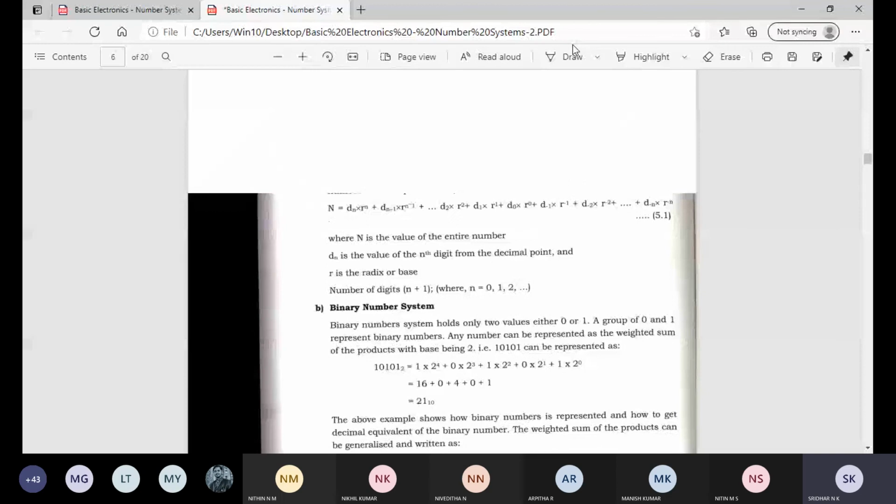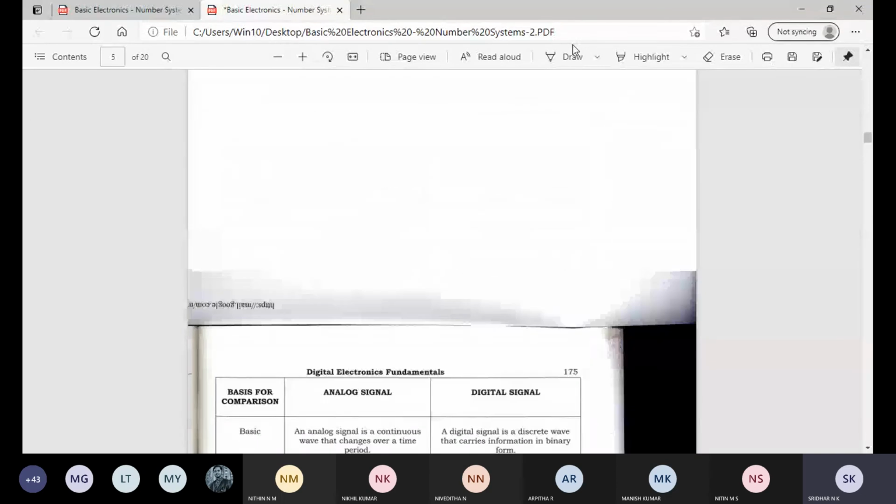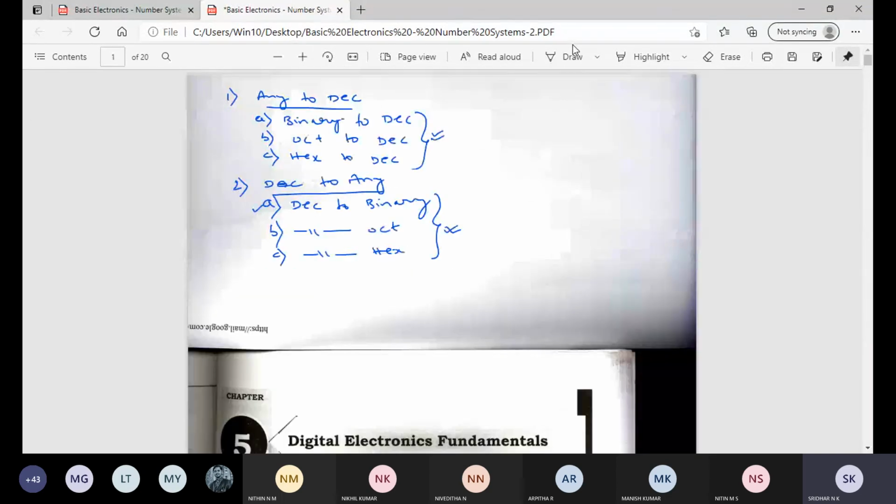We have seen binary to decimal, octal to decimal, hexadecimal to decimal, right? And then the second type of procedure, again 3 types of conversions: decimal to binary, decimal to octal, decimal to hexadecimal. That means we have covered so far 6 types of conversions.